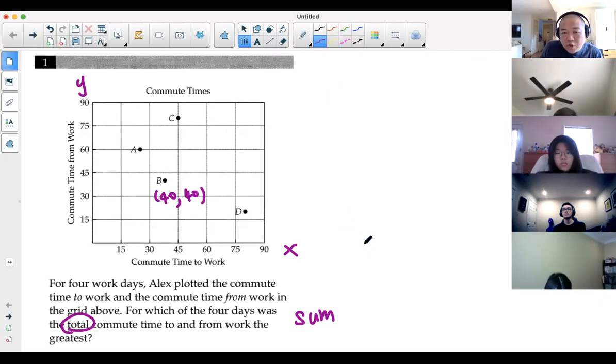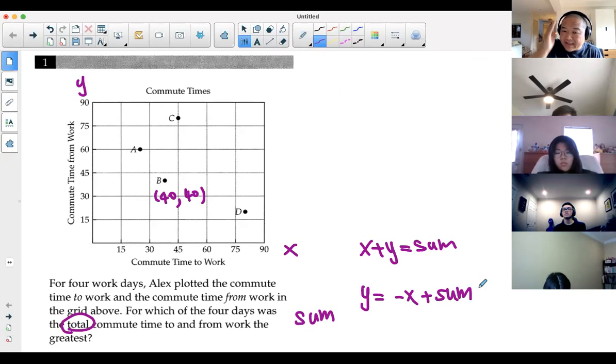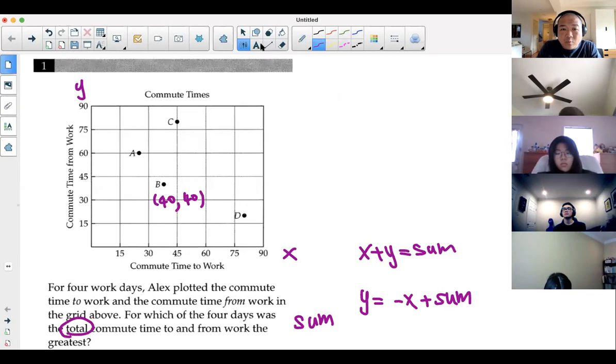So essentially, did you realize that x plus y is equal to sum? Are you guys with me so far? This basically means y equals negative x plus sum, meaning slope is -1 and sum is the y-intercept. For example, slope is -1 and sum is the y-intercept.